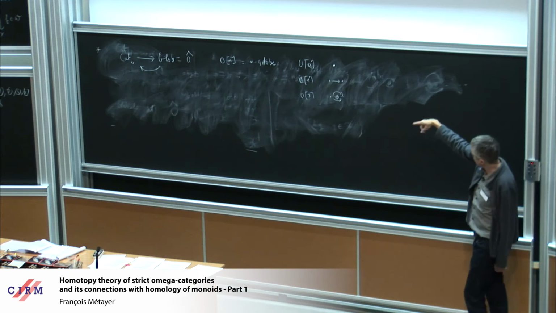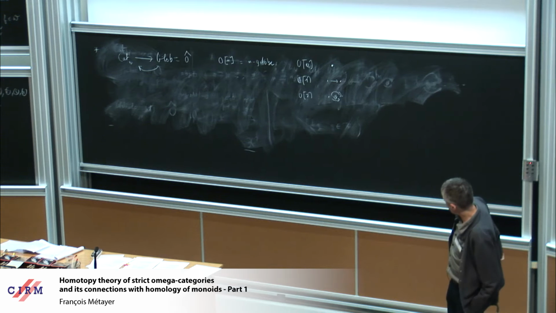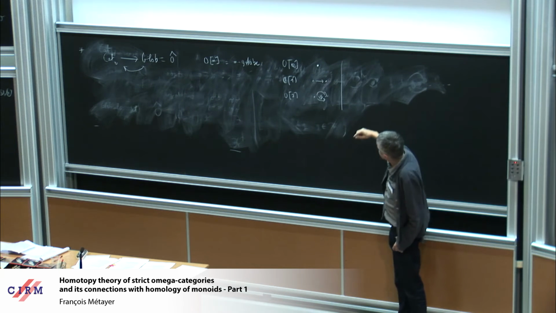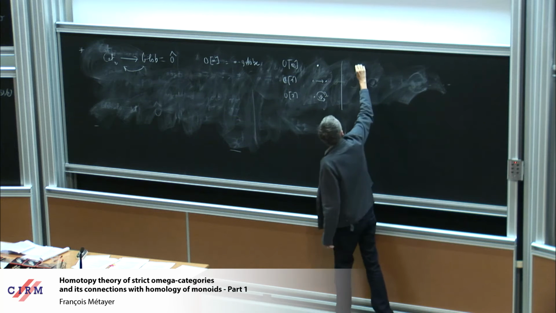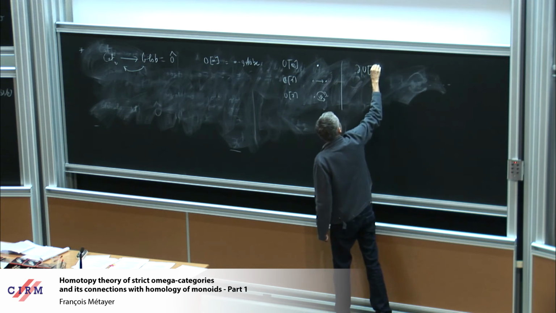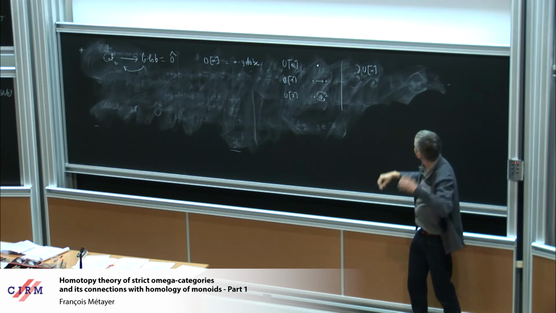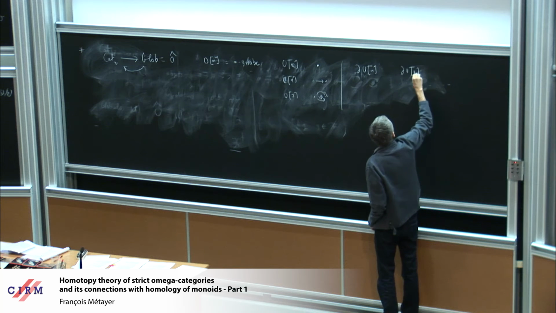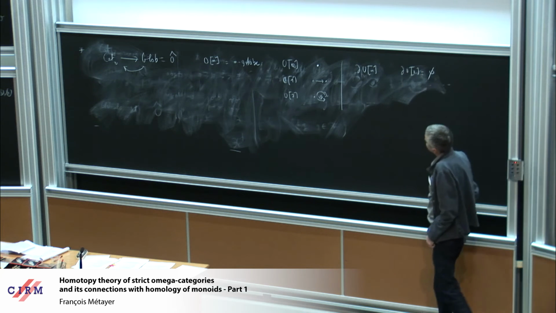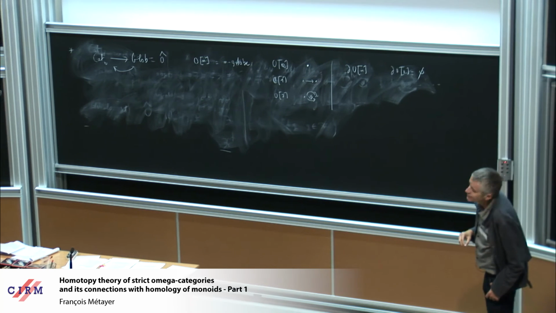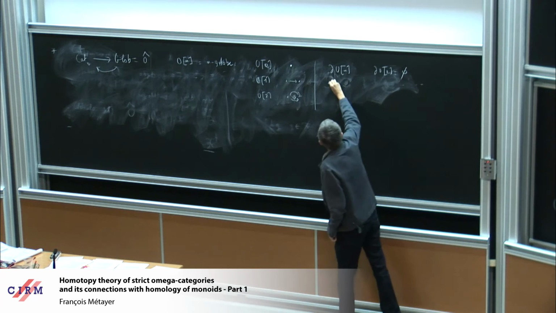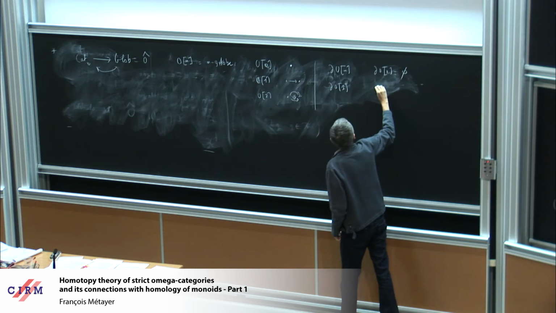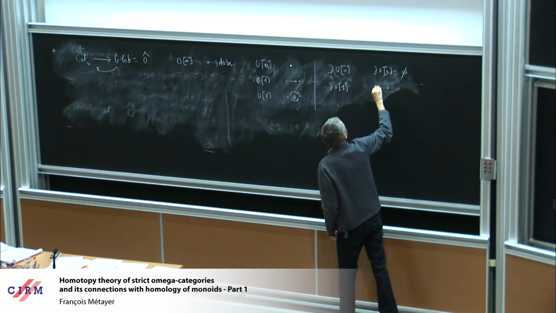And besides these objects, the globes, you have the spheres, which I call delta O n. Delta O0 is simply empty. It's the empty category. Delta O1 is just 2 points.